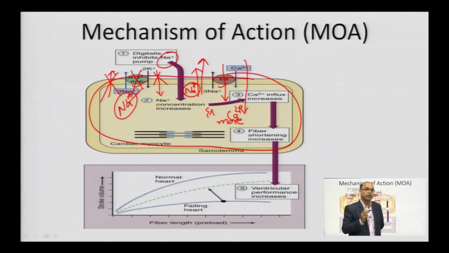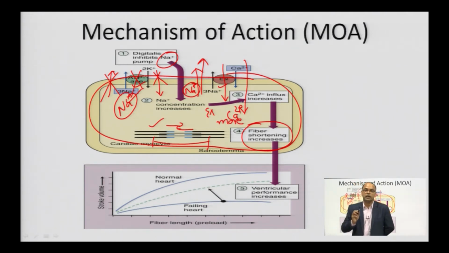This increased calcium concentration in your cardiac muscle cell causes the fiber shortening of the cardiac muscle fiber. So, you can see the cardiac muscle fiber. The excess of calcium causes the shortening of fiber. So, this length changes to this.